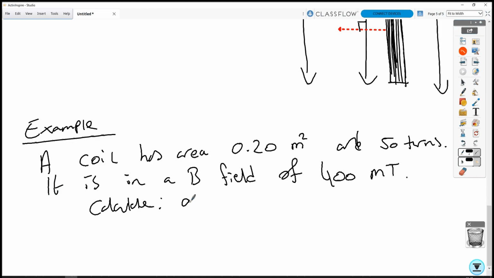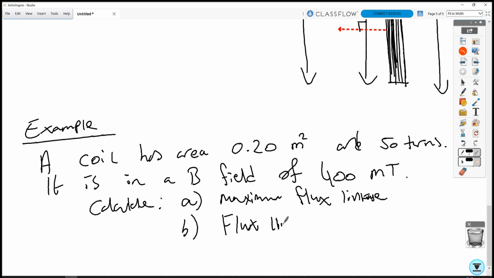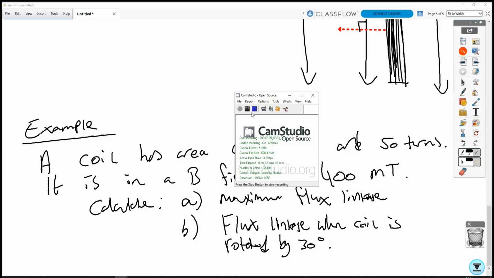Calculate A, the maximum flux linkage, and B, the flux linkage when the coil is rotated by 30 degrees. You can pause the video here to calculate the answers and then play the video when you're ready to see the solutions.